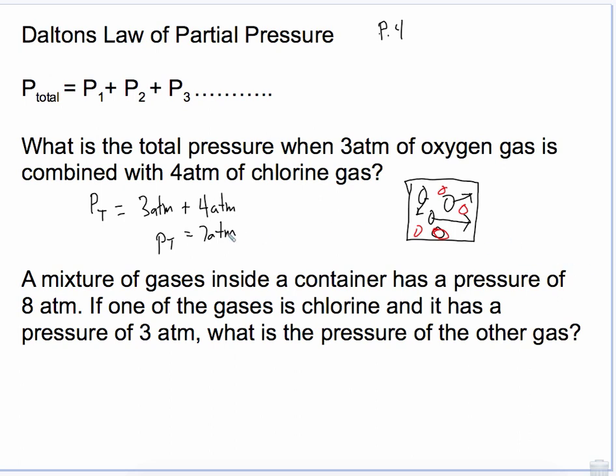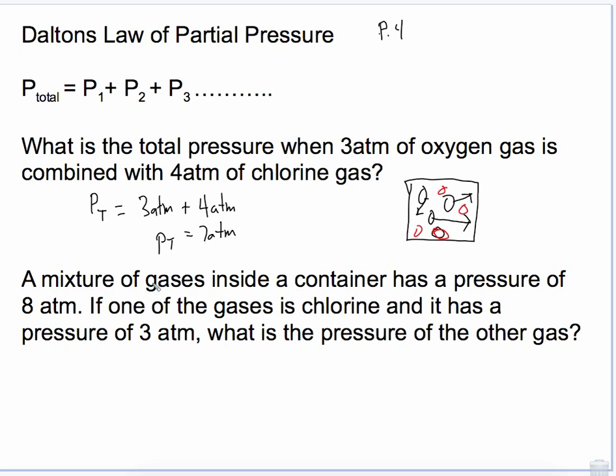But what you basically need to know is that the total pressure is the pressure of all the individual gases added together, okay? Right, you couldn't add together an atmosphere and a millimeter of mercury, correct? Make sure they're in the same unit, okay?